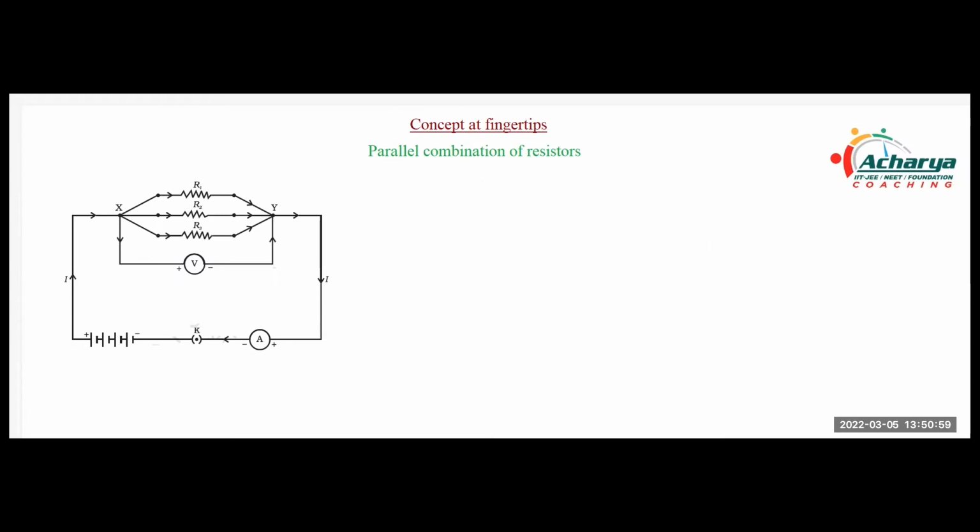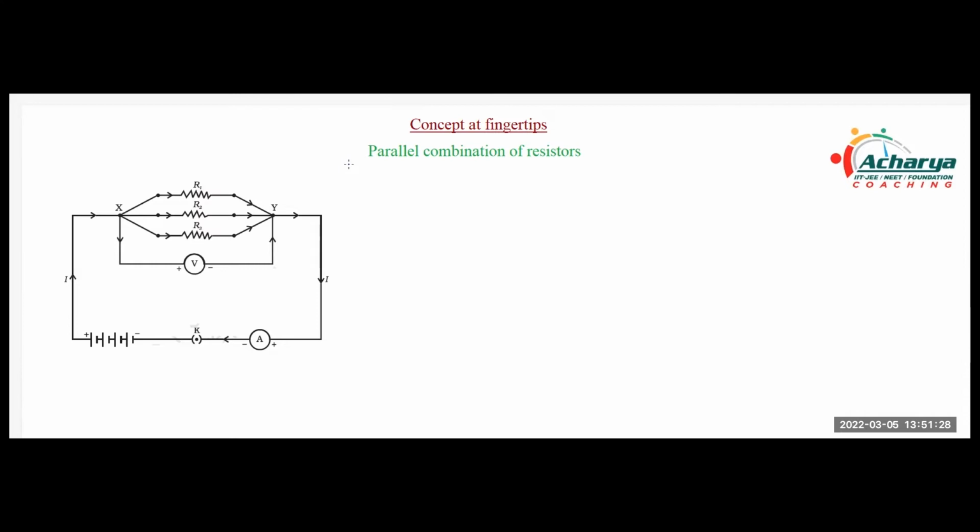So today let us see the topic parallel combination of resistances. In a previous video, we saw the series combination. In series combination, the total or equivalent resistance of a series circuit will be the sum of all the resistances, and in that way, it will be greater than any one of the resistances in the circuit.